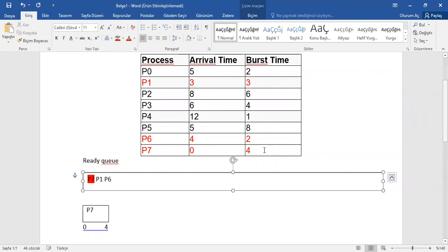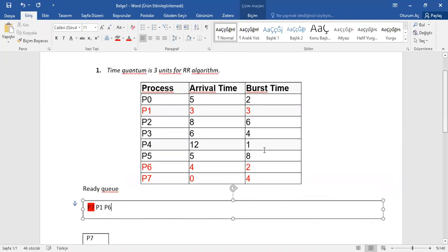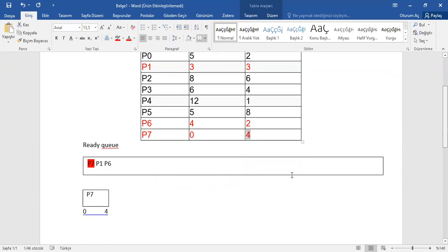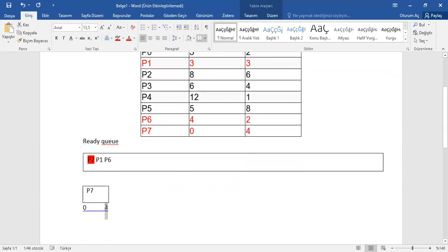I'm not going to put P7 back to the ready queue yet because we have 3 units of execution. So in this case, how much time remains? It was 4. Time quantum is 3 units. So I made a mistake here. Sorry, I thought the time quantum was 4 units.